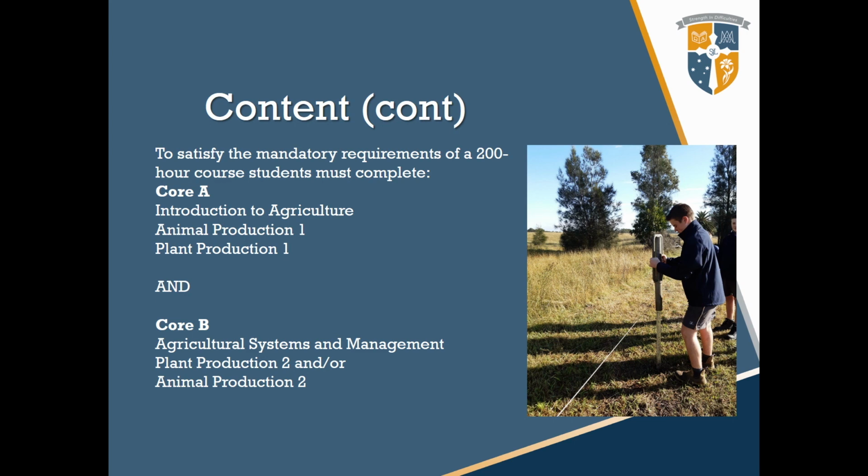They'll have more of a focus on a different part of plant production, and they'll look at planting out one of the paddocks with an appropriate grass or something like that, and then they'll revisit animal production, but they'll have a focus on a different type of animal.